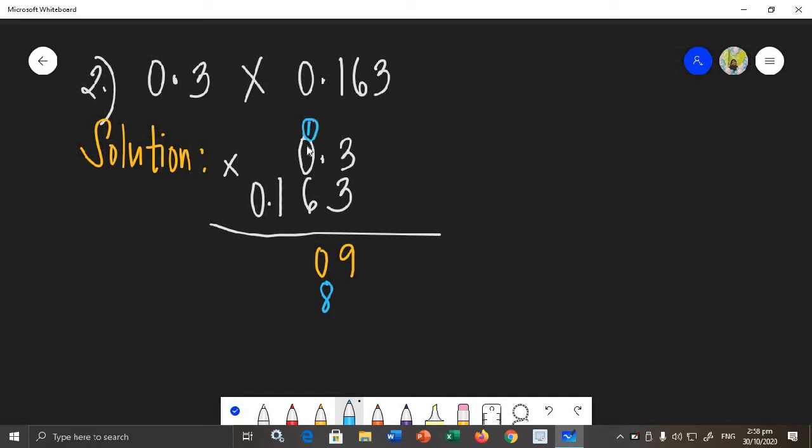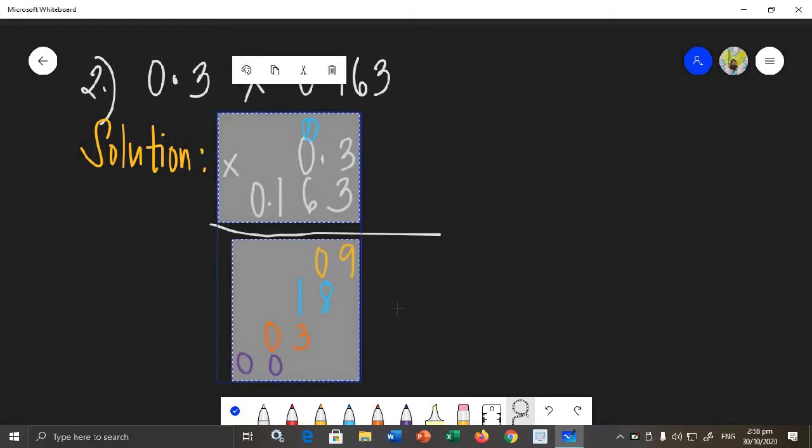So 0 plus 1 is 1. And then next, we have 1. 1 times 3, that is 3. And 1 times 0, that is 0. And then the last number, we have 0. So 0 times 3, that is 0. 0 times 0, that is 0. Yeah. So I'm just going to move our given kasi hindi na siya kasya.